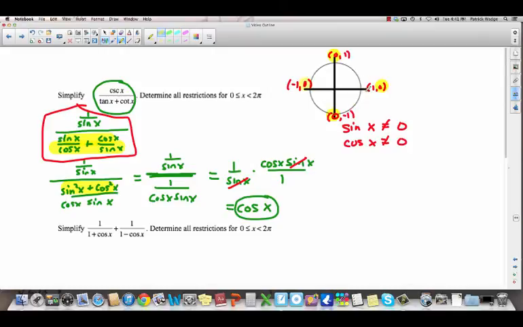In other words, you can't have 0 degrees, 90 degrees, 180 degrees, or 270 degrees. You could write them in angles like that, but since it has the 2 pi, you should probably do it in radians. So this in radians is 0, this in radians is pi over 2, this in radians is pi, and this in radians is 3 pi over 2. These are your restrictions right here. X cannot equal any of those.